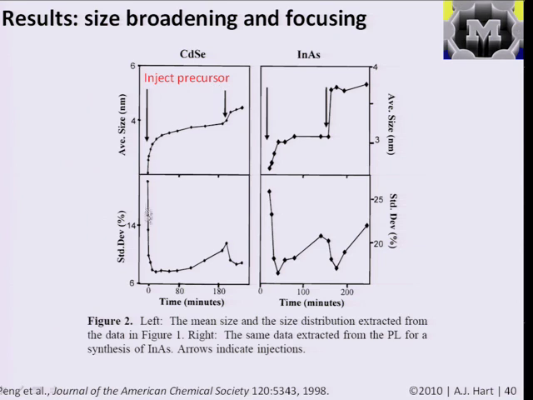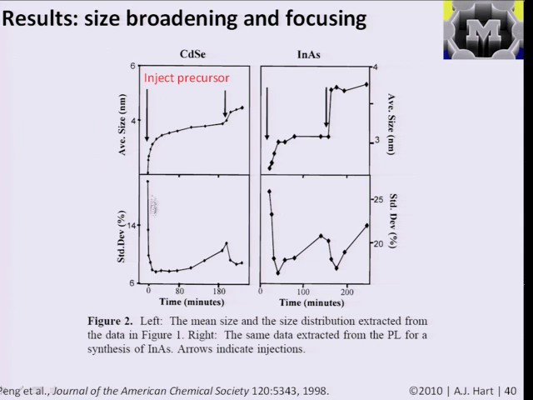So the first arrow here, and they studied 2 different materials, and we'll just concern ourselves with the first material, cadmium selenide. They injected precursor into the system, and particles formed very rapidly. You went up to a size of, say, between 3 and 4 nanometers within a matter of a few minutes.